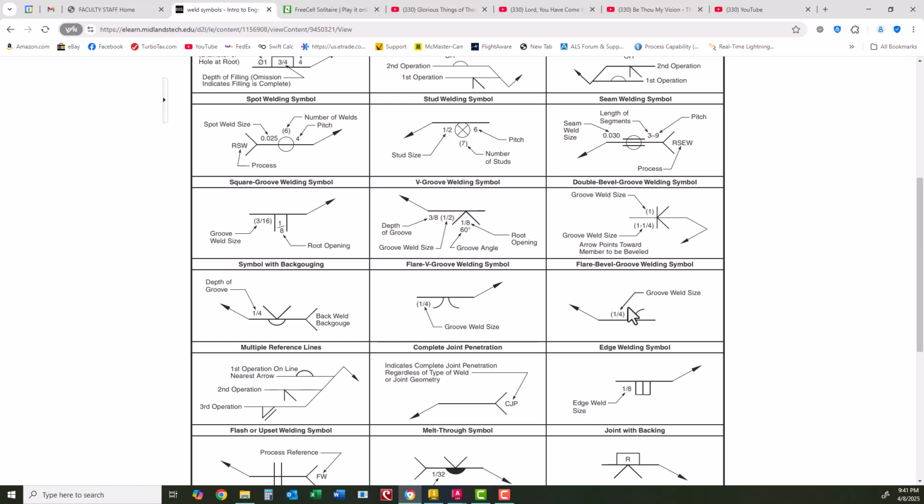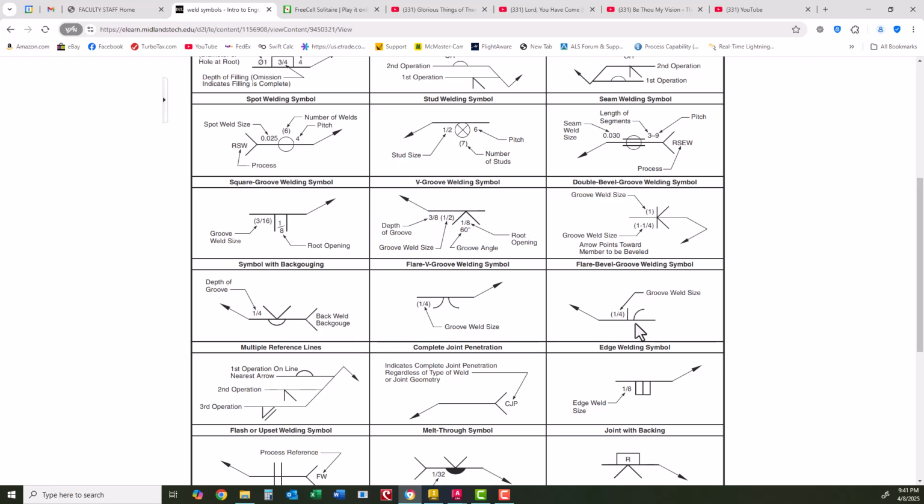So if you put a cut piece of square tube where the edge is square up against another tube that's full tube and would have a rounded corner on it, you would end up with this flare bevel arrangement.